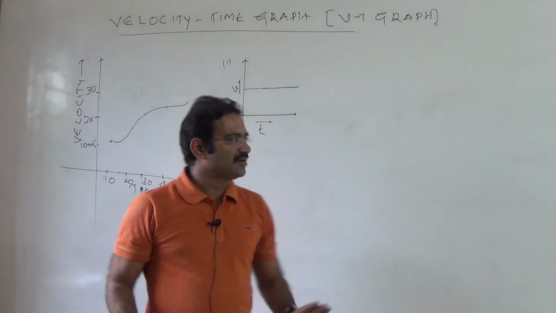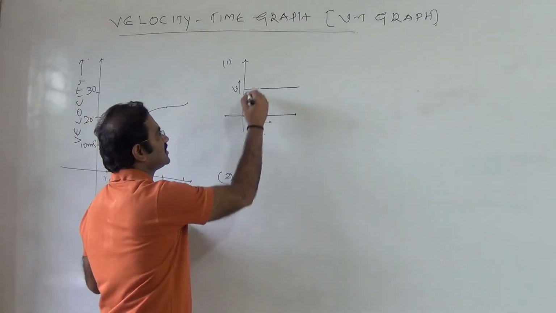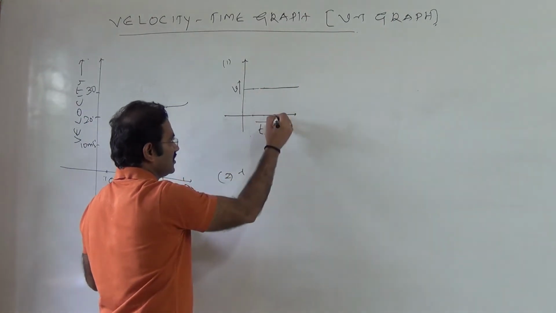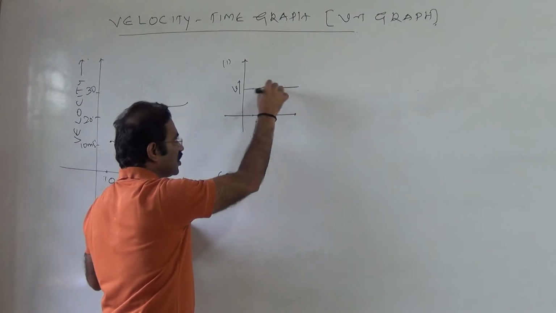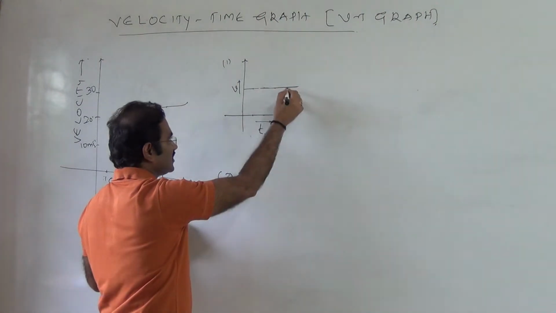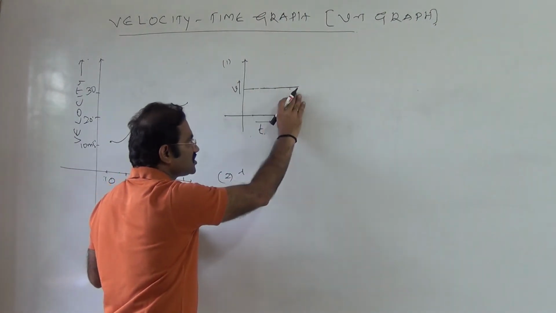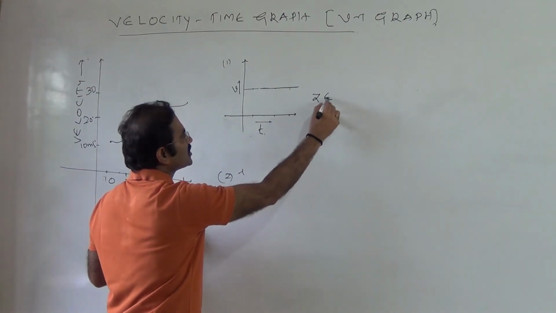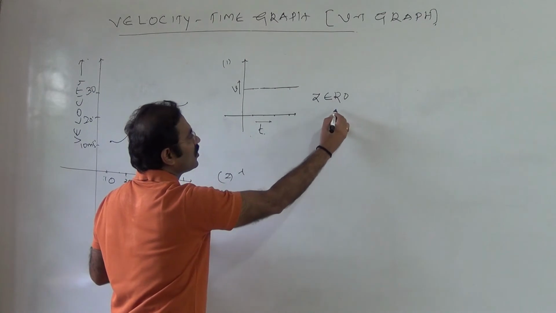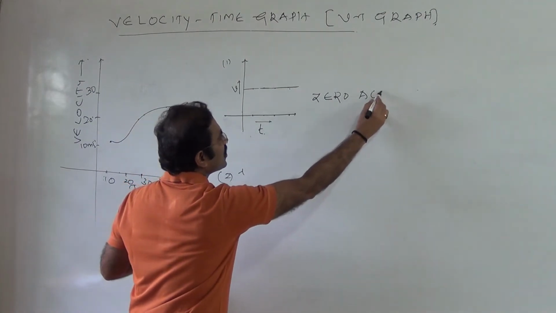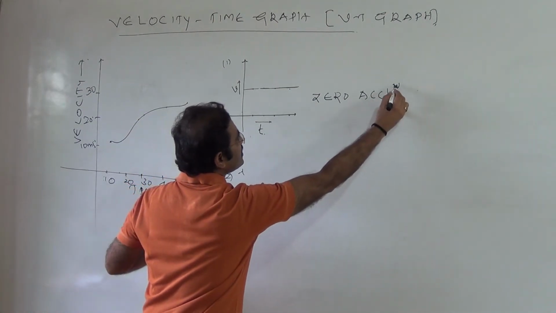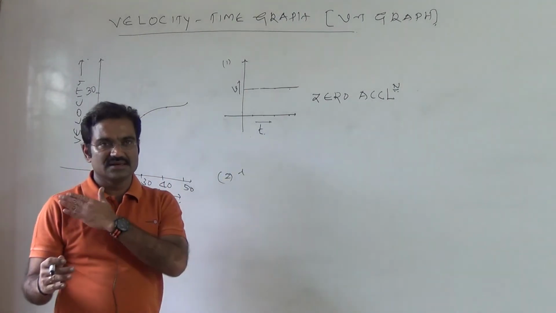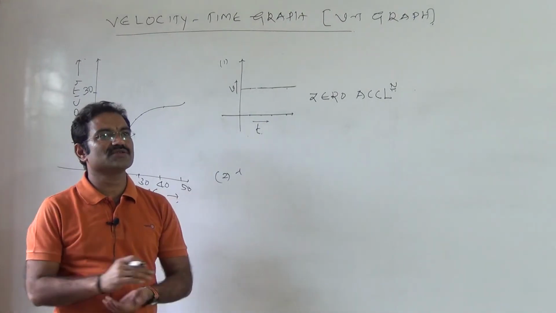When the time is 10 seconds, 20 seconds, 30 seconds, the same velocity, 40 seconds, there is no change in the velocity with respect to the time. If there is no change in the velocity, then there is no acceleration. Therefore, the particle is moving with zero acceleration. It means that there is no change in the velocity.